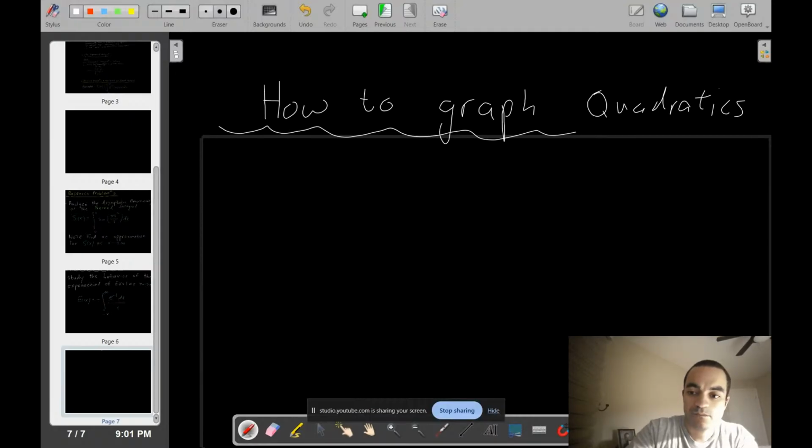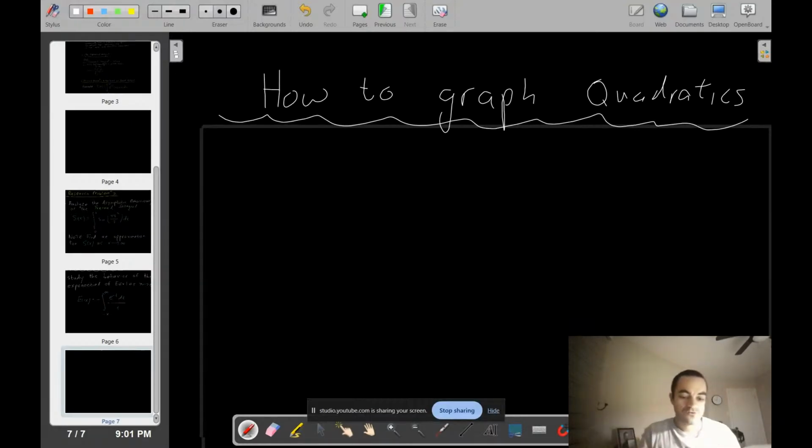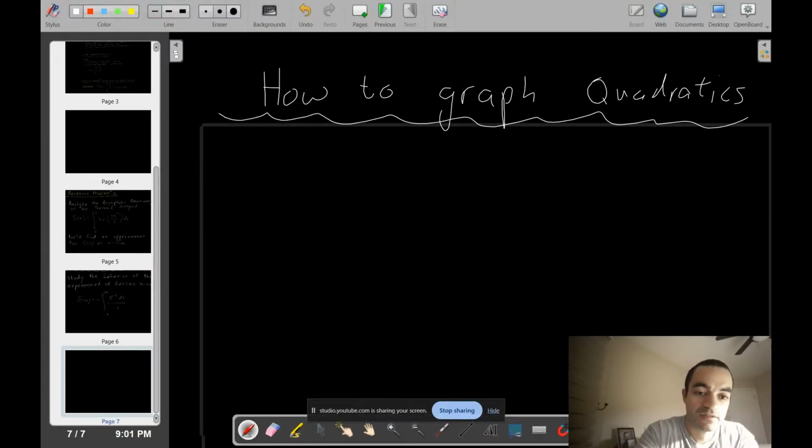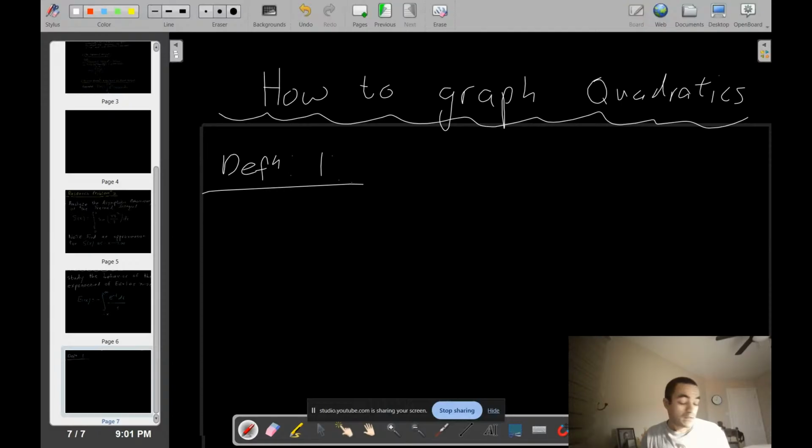When it comes to graphing quadratics, I'm going to put certain important definitions. Definition 1. A quadratic is either in the standard form, y equals ax squared plus bx plus c, or in factored form, y equals a times x minus r1 times x minus r2, where x minus r1 is a factor, and so forth.